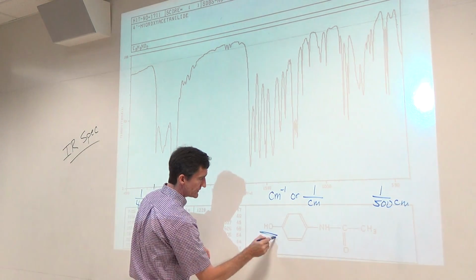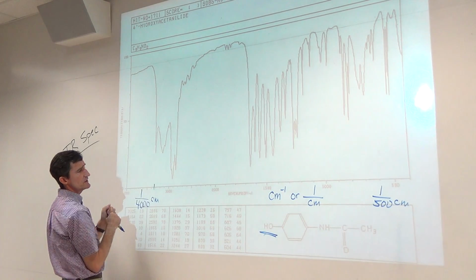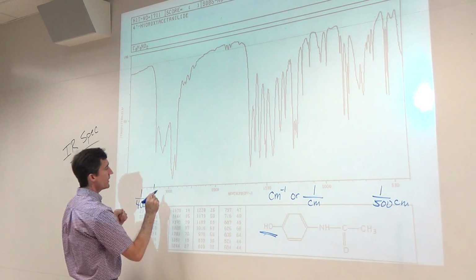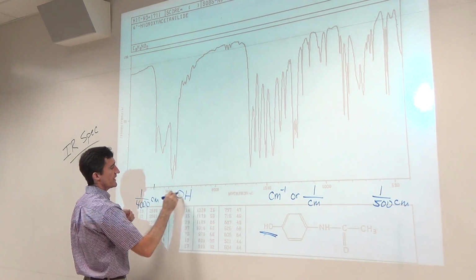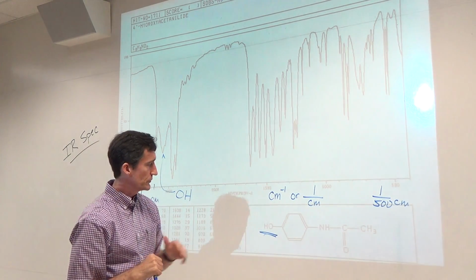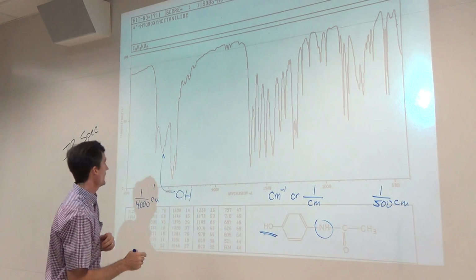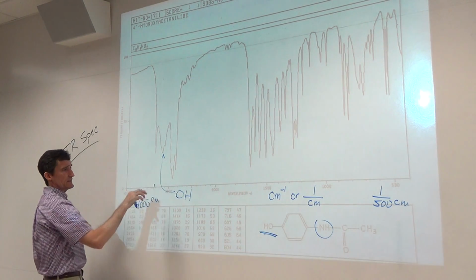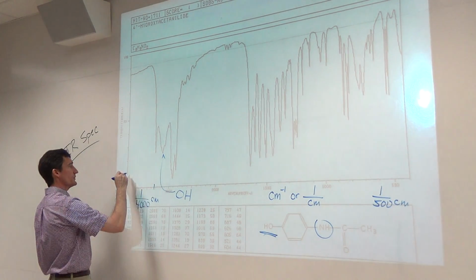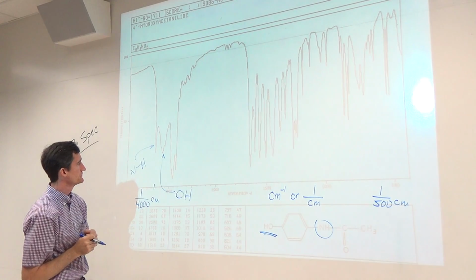We'll learn that an OH group is going to give a peak in about the 3400 region. It also tends to be a little bit broad, and so I'm going to identify this peak right here as coming from the OH group. We also have this NH, in a very similar position. NHs tend to be a bit sharper. I'm going to assign that as the NH.